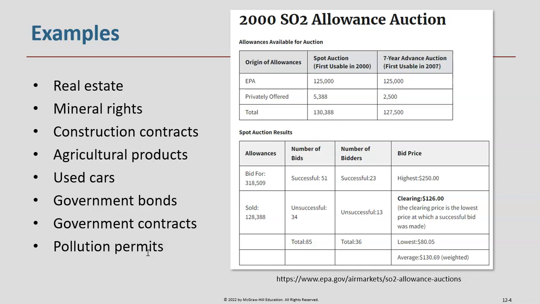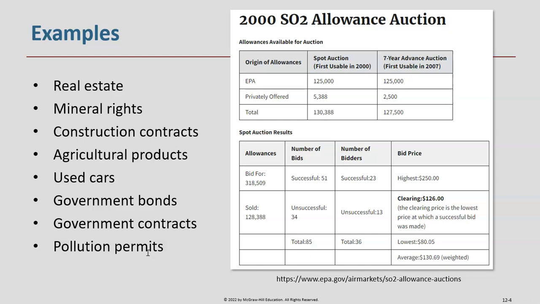are allocated by auction. The graphic to the right is from the EPA's website. This is a summary of the year 2000 sulfur dioxide allowance auction. Sulfur dioxide is the pollution that creates acid rain.